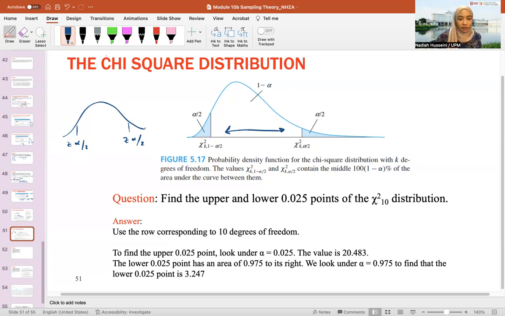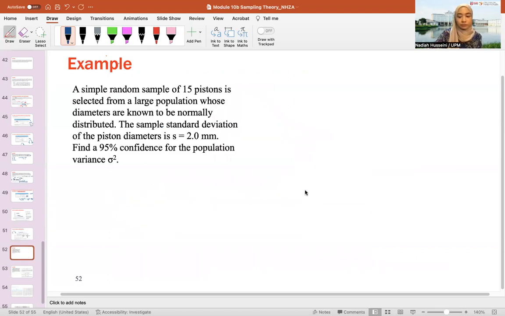So, question: find the upper and lower 0.025 points of the chi-square distribution with 10 degrees of freedom. So this is how they would describe it. Chi-square distribution, down here is your k, or your degrees of freedom. Okay, so chi-square distribution, 10 degrees of freedom, we are trying to find 0.025. Let's look at the table.